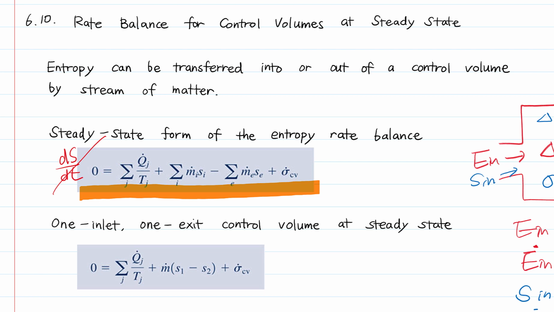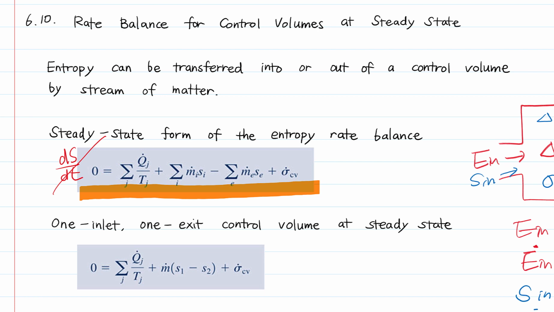Heat transfer and entropy have the same directions. Heat transfer to a system increases the entropy of the system. Heat rejection from a system decreases the entropy of the system. If the system goes through an adiabatic process, Q is 0.